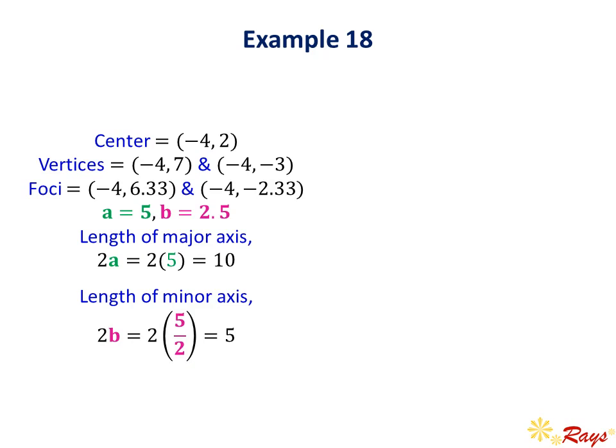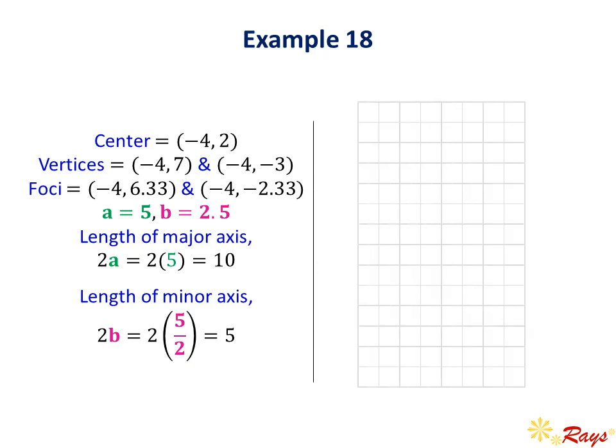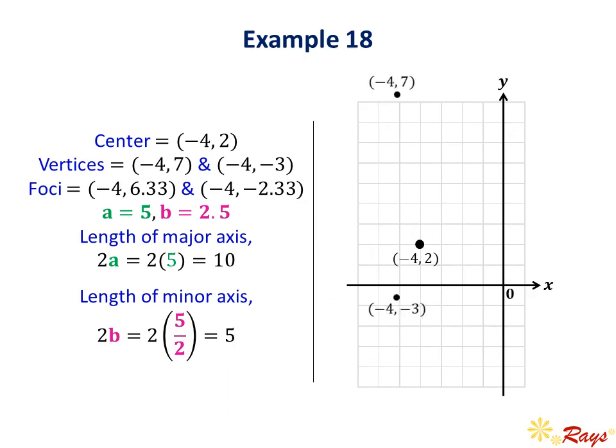So now we can start sketching our graph. First, we mark our center. Our center is negative 4, 2. And the coordinates of the vertices. And since we know the value of B, we can mark the coordinates at the ends of the minor axis.